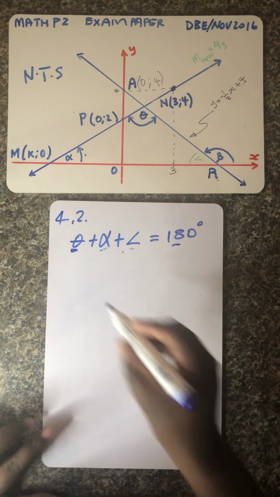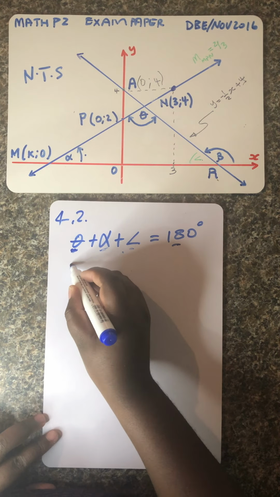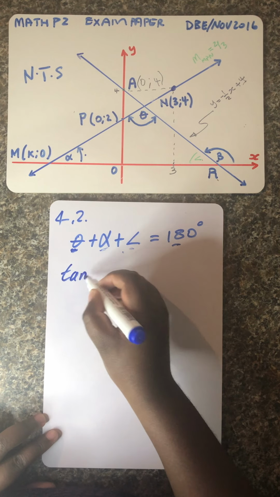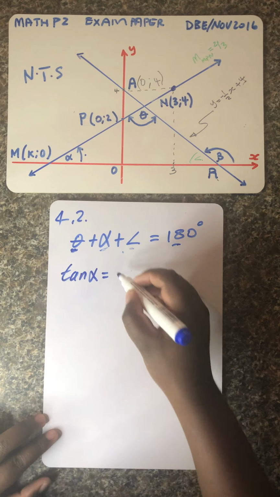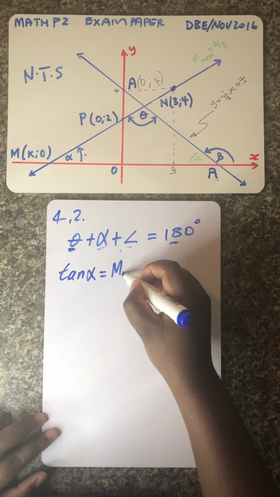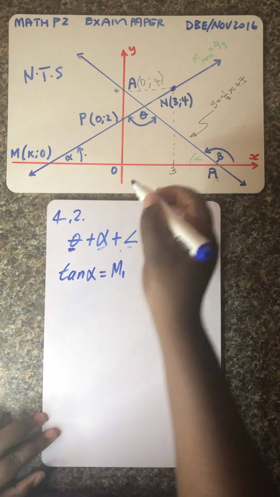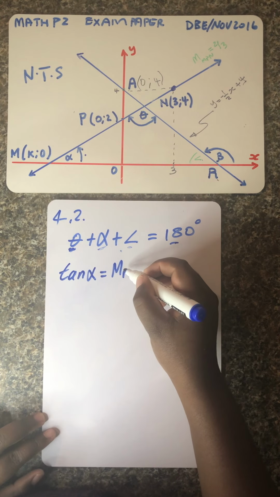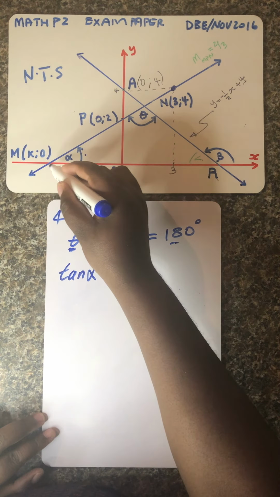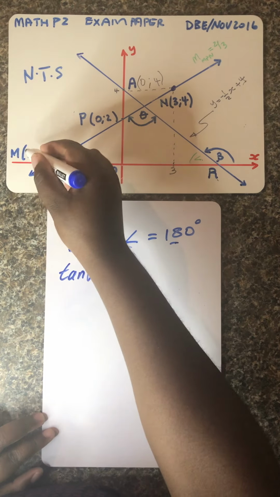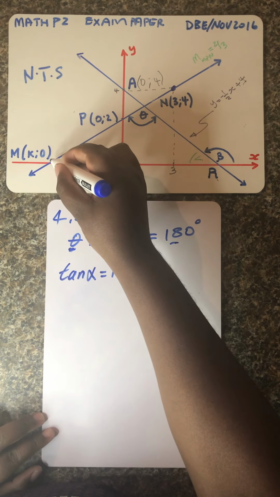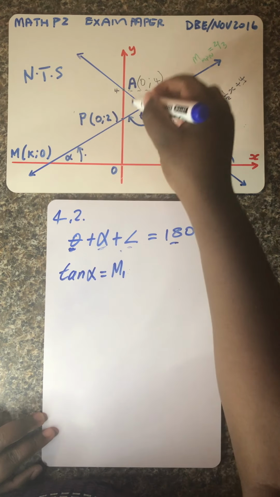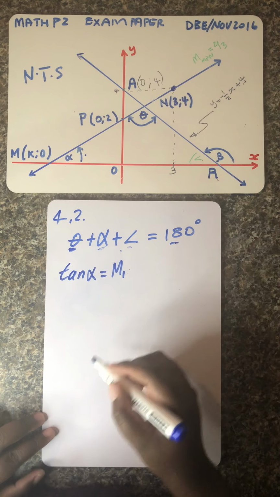So guys, obviously you know that tan theta is equal to the gradient of PN or MP. Remember, these are collinear points, so whether you equate tan theta to point MP or point PN, it's one and the same thing.